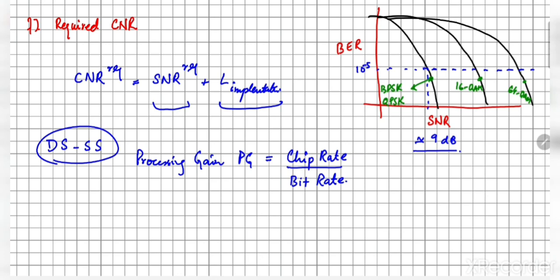In the direct sequence spread spectrum systems, you may recall that a given bit sequence is multiplied by a very high rate chip sequence, which leads to spreading of its spectrum. And the ratio between the chip rate and bit rate is referred to as the processing gain.